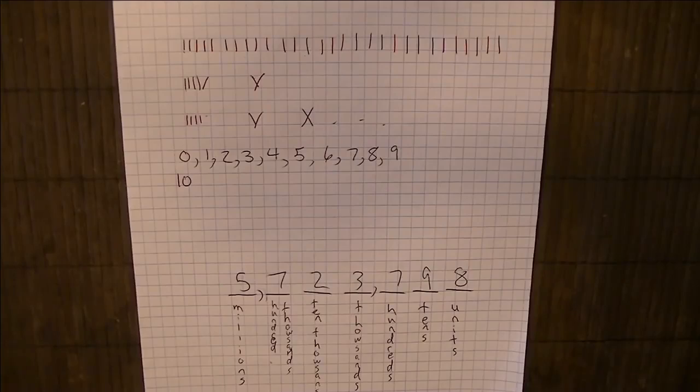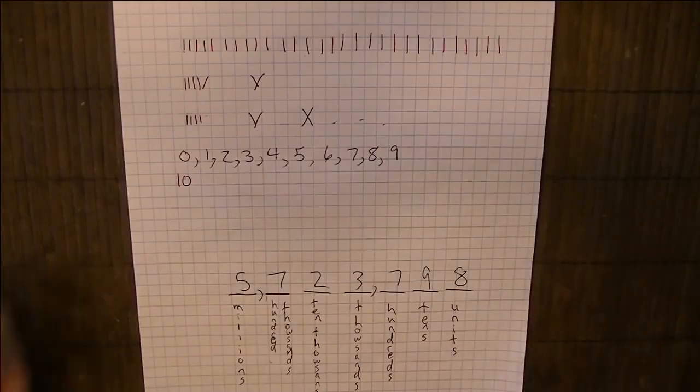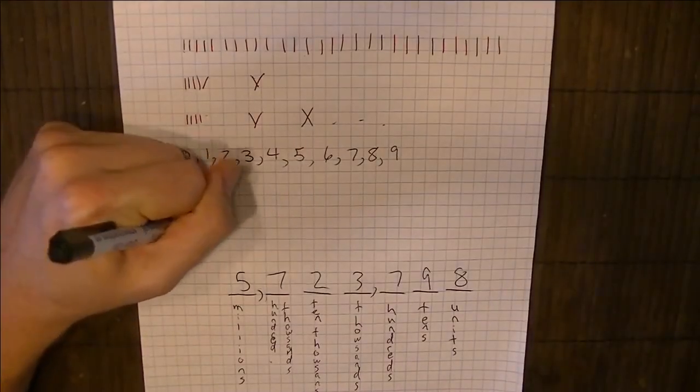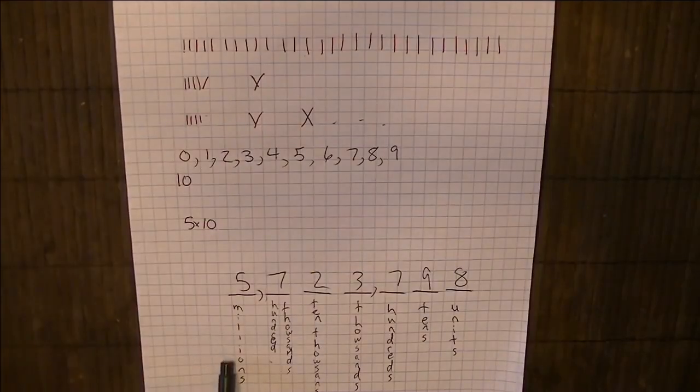All right, excellent. So that is the beginning understanding of how these numbers are. If we wanted to write this out in long form, we could say this is 5 times 10. Now how much 10 is this?